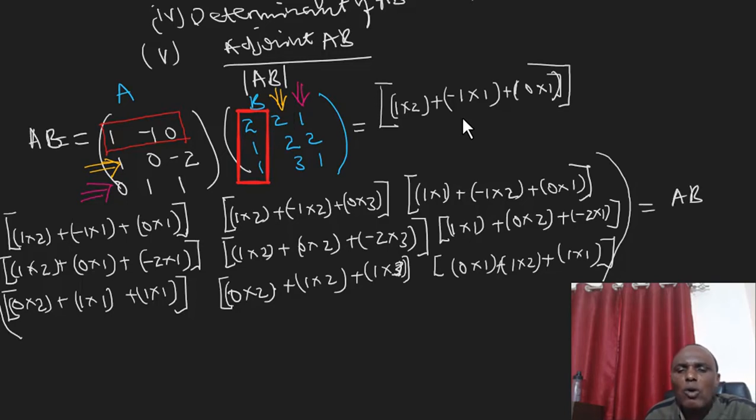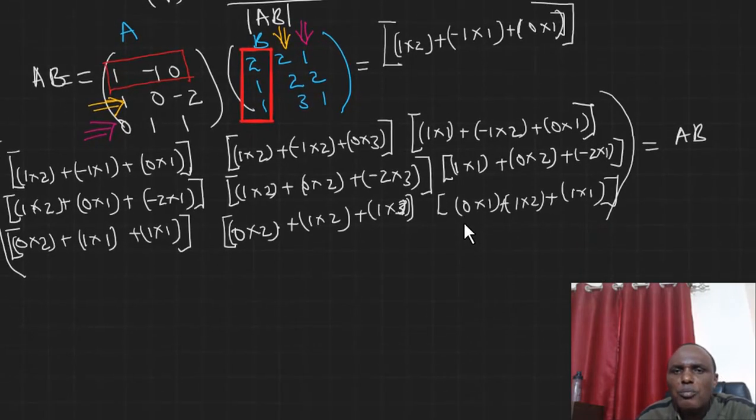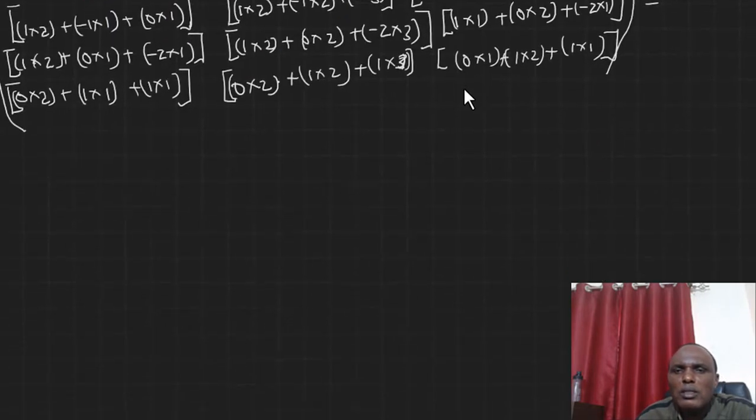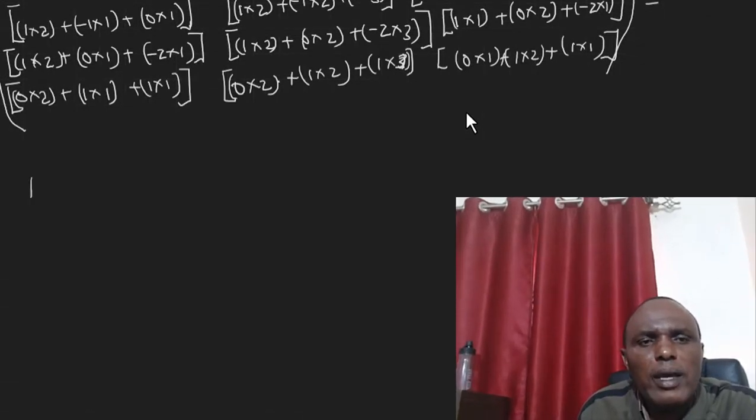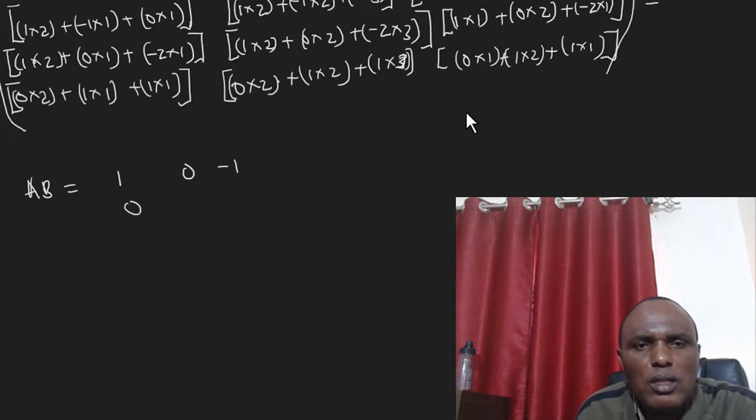Let us now compute all those numbers. We get now the matrix. So AB is equal to, therefore, 1, 0, negative 1, 0, negative 4, negative 1.